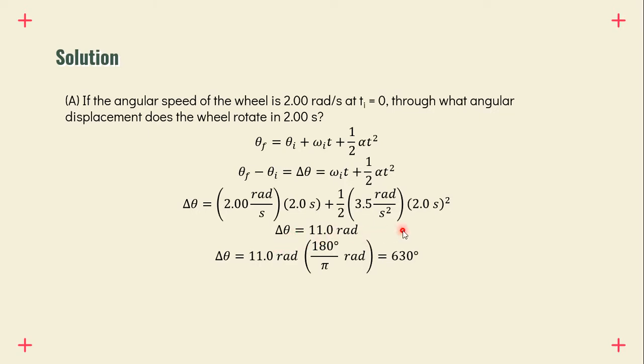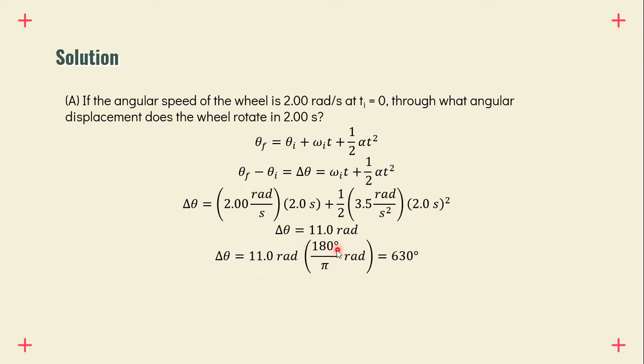But if we want to solve for the degree equivalent of that, how many degrees is that? So we should just multiply this value, 11.0 radians, times 180 degrees over pi rad. Sorry, this should be at the bottom of the equation so that the radians can cancel.